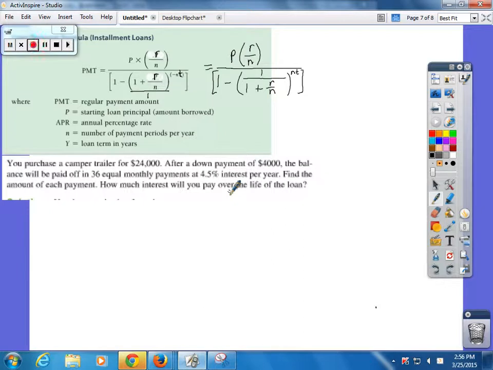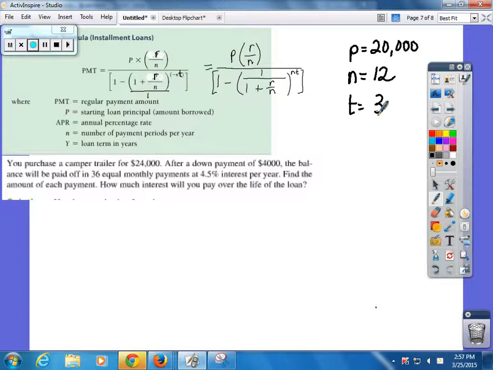So basically, your principal is 20,000, and the balance is paid off in 36 equal payments. So in this case, it looks like to me that N is going to be 12 and T is going to be how many years? 3 years.